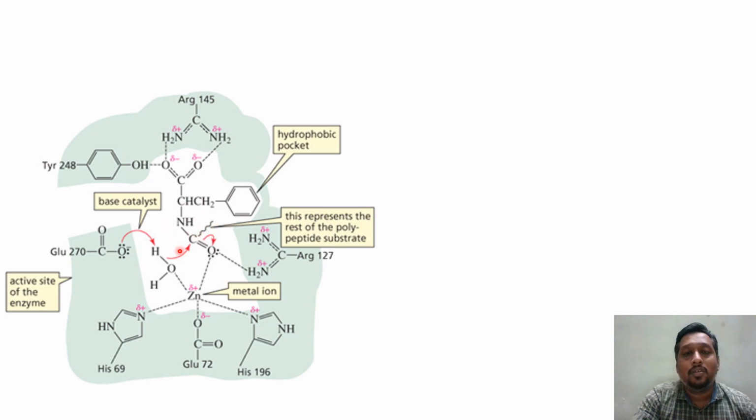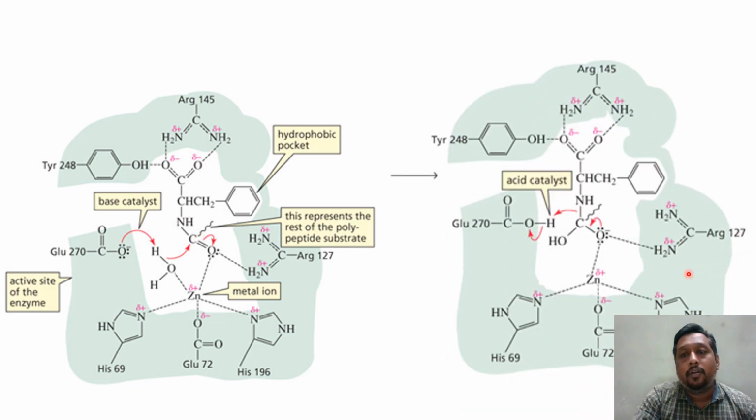Now, arginine 127 and the metalloenzyme zinc also coordinate to the carbonyl of the amide where the reaction is going to occur to cleave the C terminal, thereby increasing the electrophilicity of the carbonyl carbon by coordinating to the zinc as well as hydrogen bonding with arginine 127. Zinc will bind to water to form a zinc bound water. Here glutamate 270 acts as a general base catalyst by removing a proton from the zinc bound water to form a zinc bound hydroxide, which will undergo nucleophilic attack at the carbonyl carbon to form a tetrahedral intermediate.